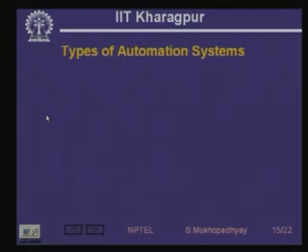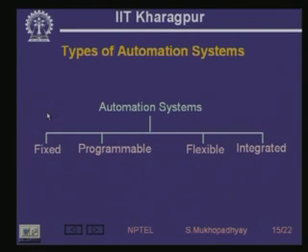So, let us see the various types of automation systems, again categorized into 4 types. The first, so they are fixed automation, programmable automation, flexible automation, and integrated automation, right.